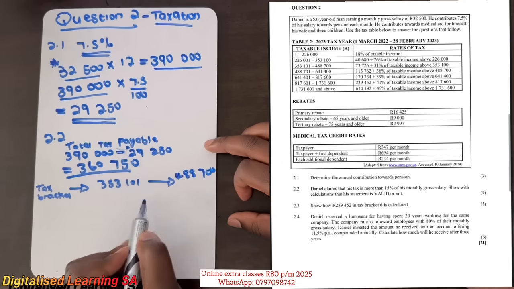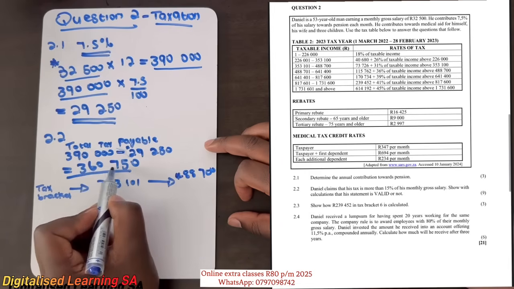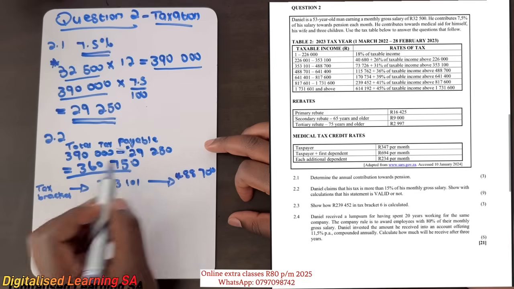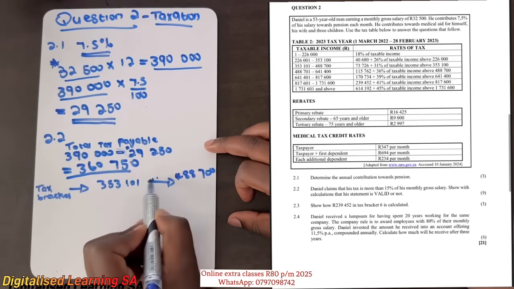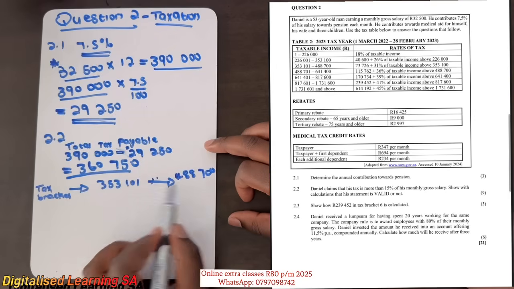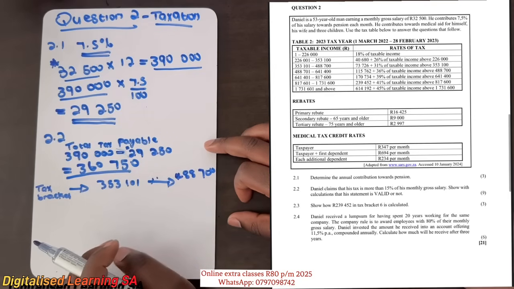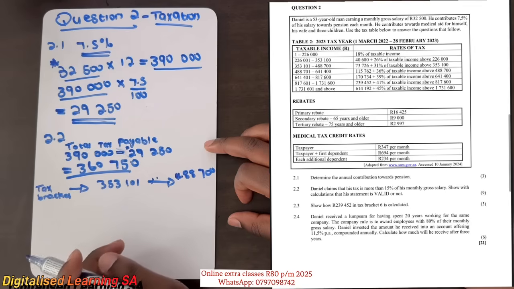This is his tax bracket, because we can see that the 360,750 falls somewhere in between this range. So we are going to focus on that bracket. On that bracket, we can see that there is tax that is already calculated for us: the 73,726, guys.